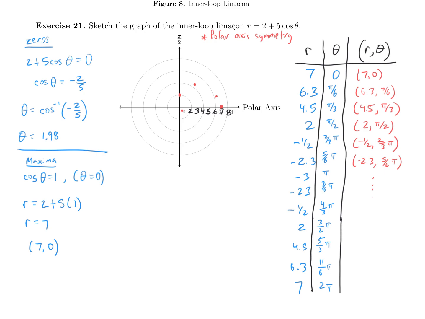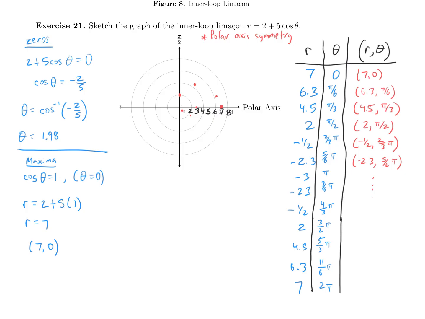Okay, the next one's going to be, well, I'm just going to continue this process, and then you will see what kind of shape it starts to take. All right.